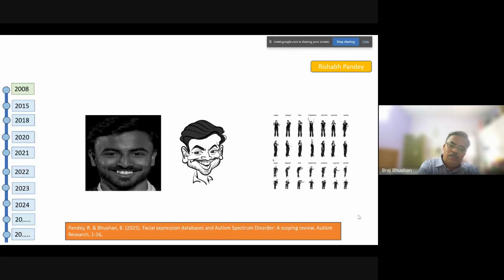And the most recent work where we are looking at the expressions, we now have another database. We call it Indian Affective Picture Database 2, because in the first database, which had men and women both, the men were in what we call a slightly close to natural setting, because none of them had beards or mustaches.